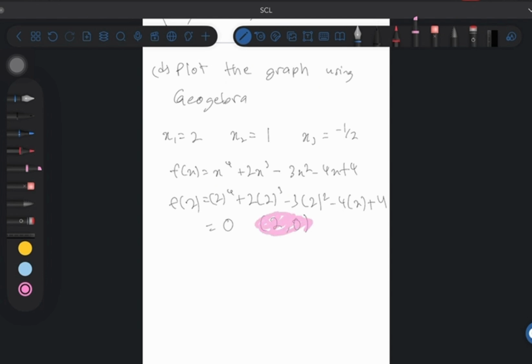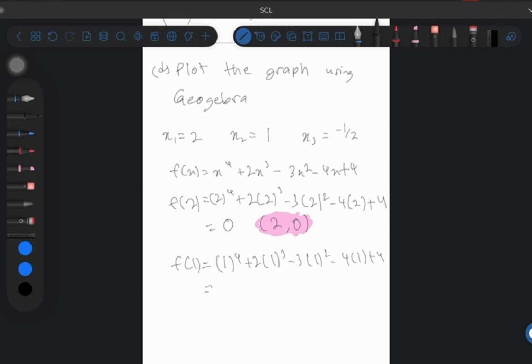This is our first point when we plot the graph. For the second, we take 1, substituting into 1 cubed, 1 squared, and so on, plus 4.